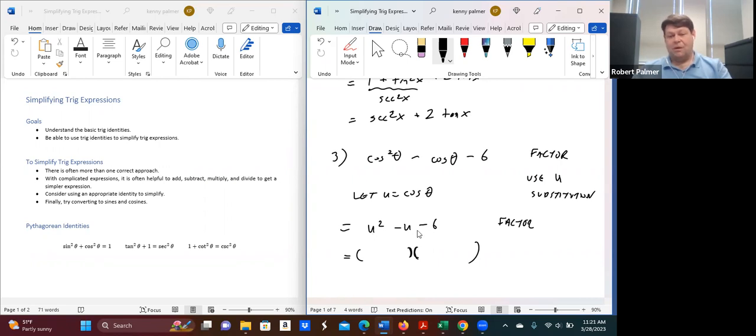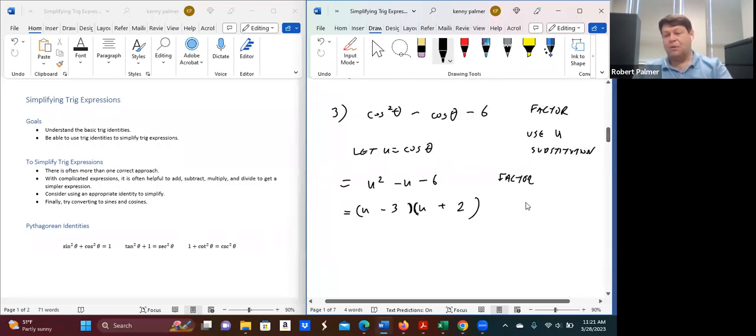To get U squared, you have to have U here and U here. The possibilities to get a 6 are either 1 and 6 or 2 and 3. And since this is negative, you have opposite signs. So it turns out it's going to be U minus 3 and U plus 2. If you FOIL that, you'll see it checks out.